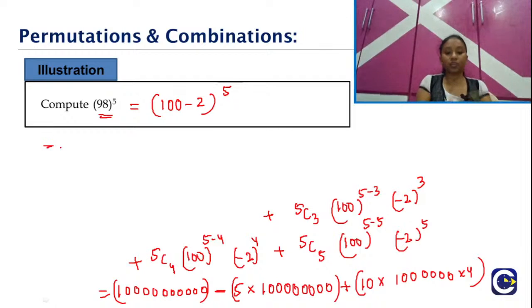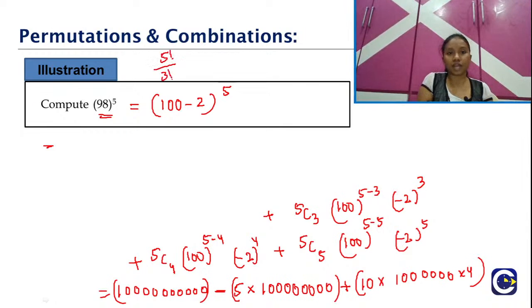So the 5C3 value will be, let's see, 5 factorial by 3 factorial, 5 minus 3, that is 2 factorial. So 5 into 4 by 2, that is 10 here. Right, so here 10 into 100 power 2, and the next one will be minus 10 into 2 cube.